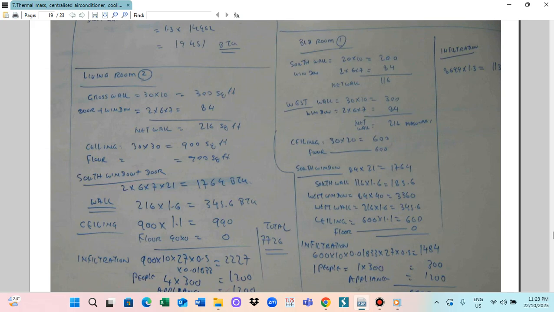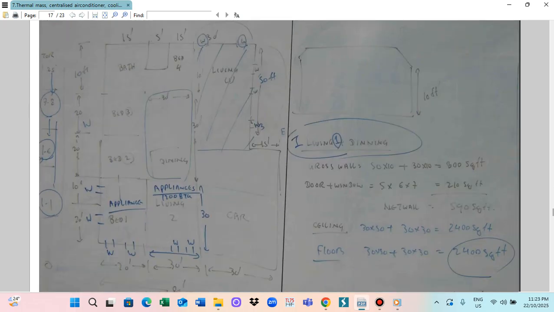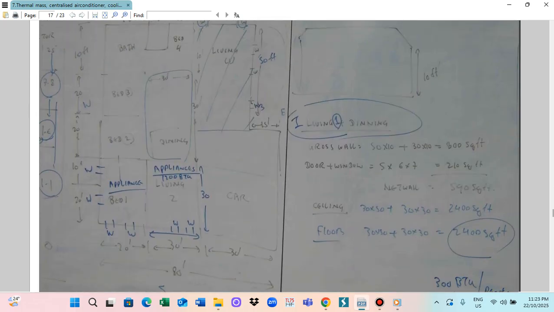Bedroom 1 has two windows here, and this one is one window. So we calculate for bedroom 1.